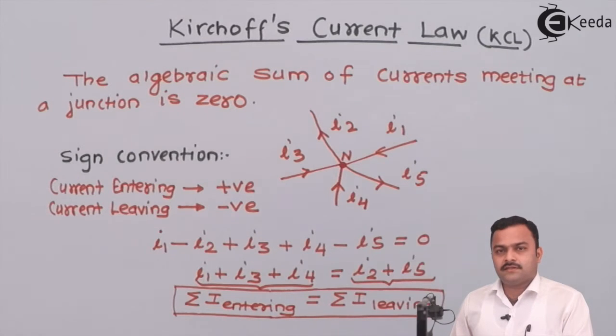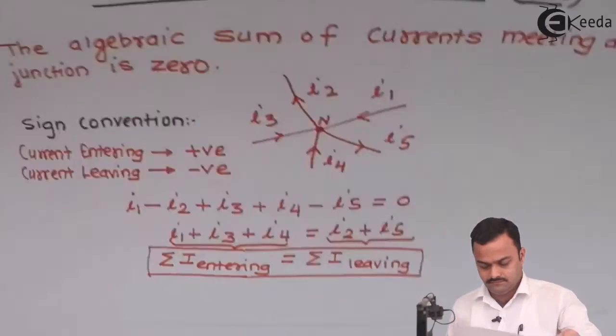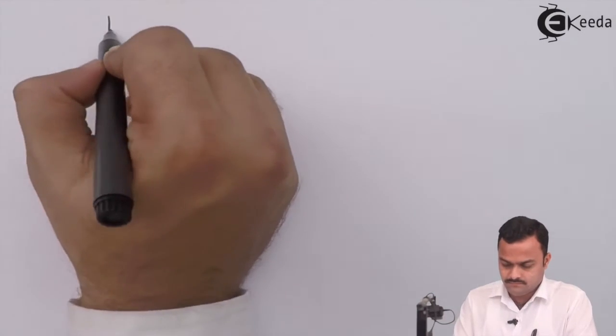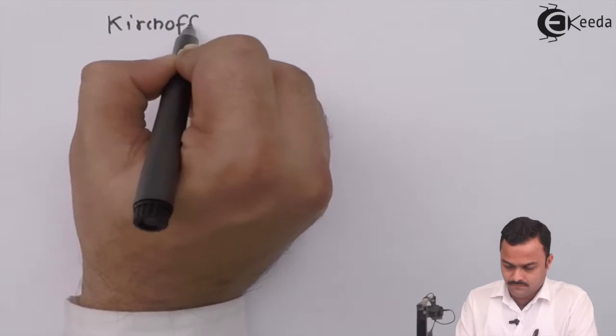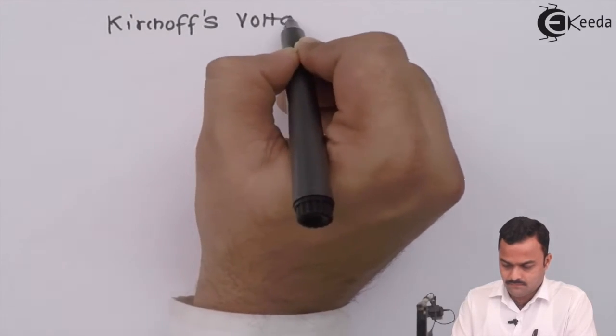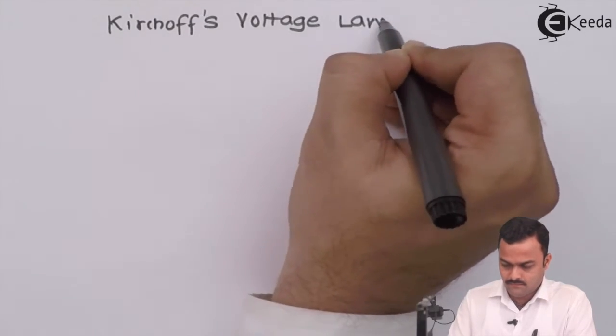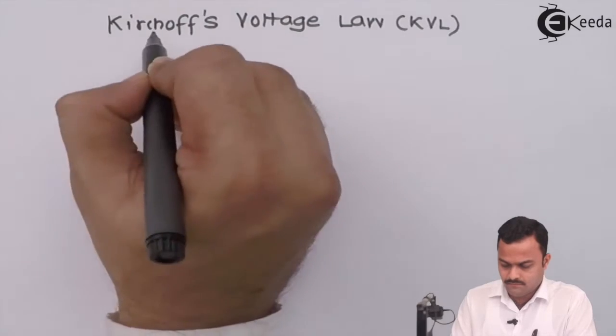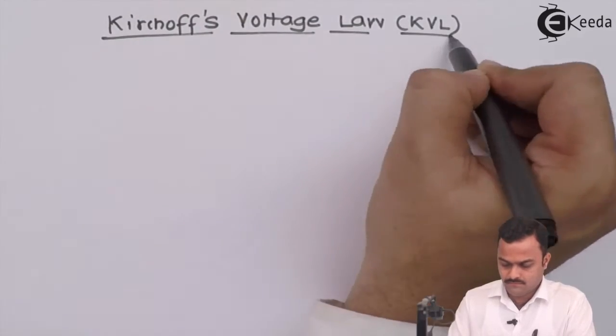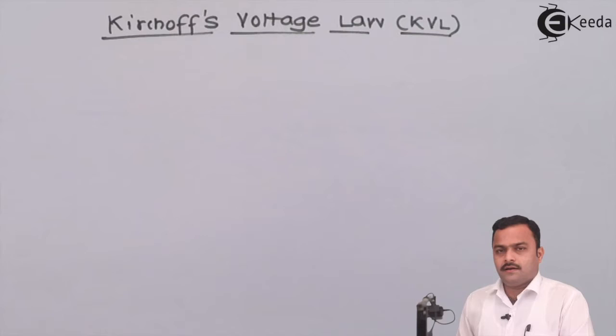Let's discuss Kirchhoff's voltage law, also called KVL. It states the algebraic sum of voltages of all the elements in a closed loop is always equal to 0.